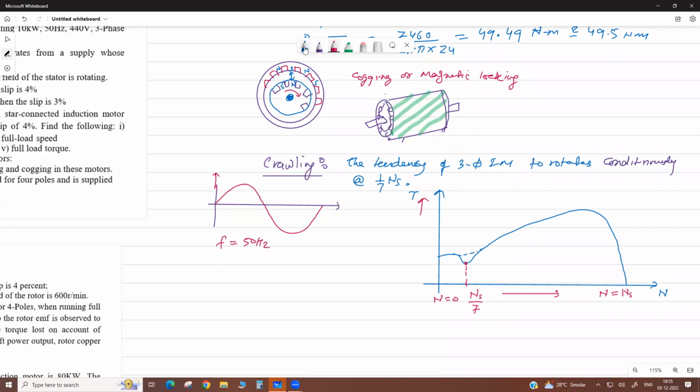Now we talk about the harmonics. First is n equals 1, second harmonic is 2. Only odd harmonics we have to consider; even harmonics do not create trouble. First is the main fundamental, then third, fifth, then seventh.